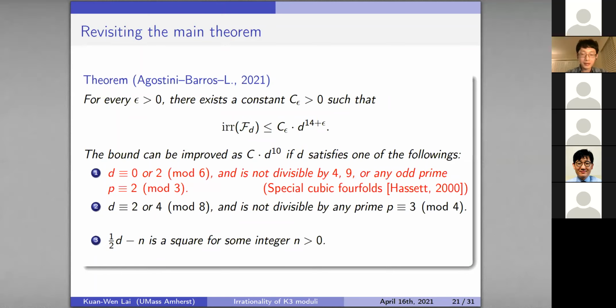So when d is congruent to 0 or 2 modulo 6, not divisible by 4, 9, or any other prime p congruent to 2 modulo 3, this case basically follows from the fact that we have an associated special cubic fourfold. And remember, this estimate can be done because we can turn the problem into an estimate on the moduli space of special cubic fourfolds, and then into a problem about Heegner divisors.